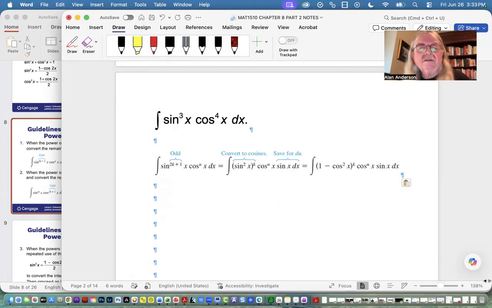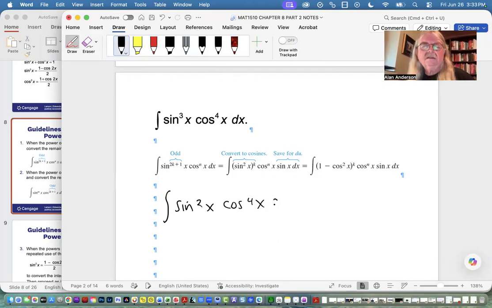So, what they want us to do is, so we're going to have sine squared x cosine to the fourth of x sine x dx.